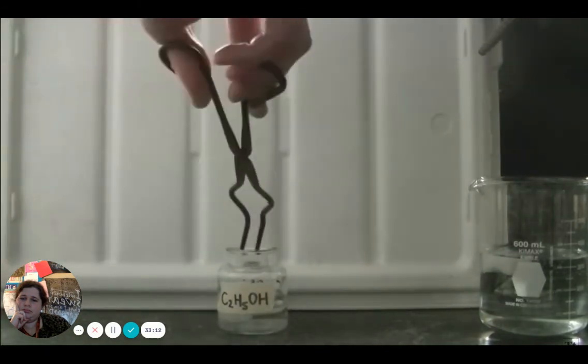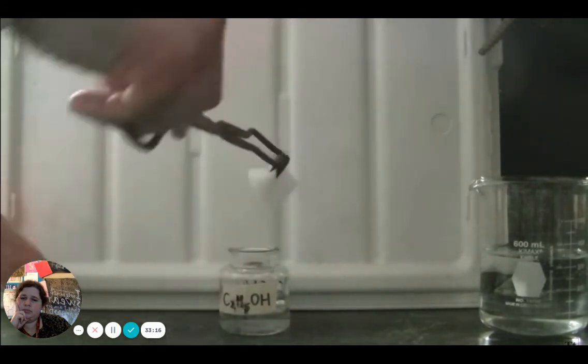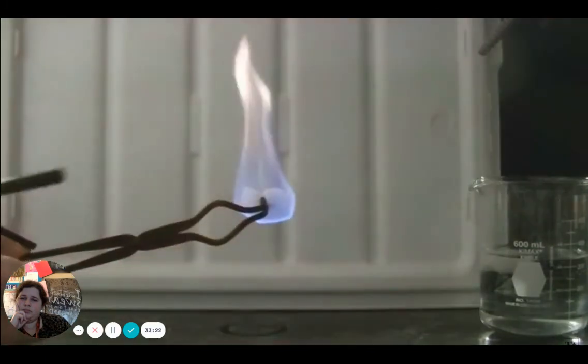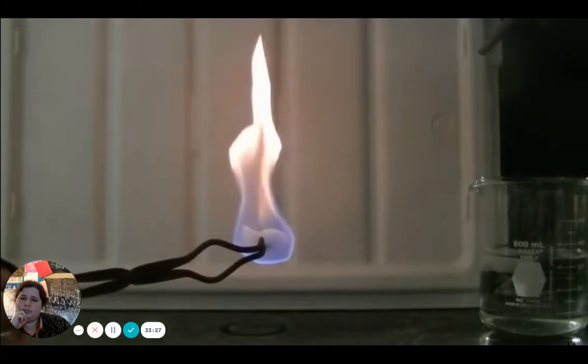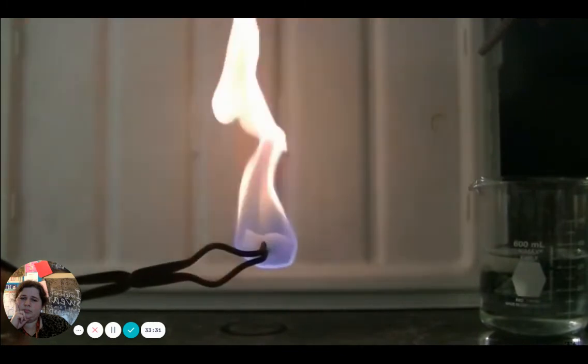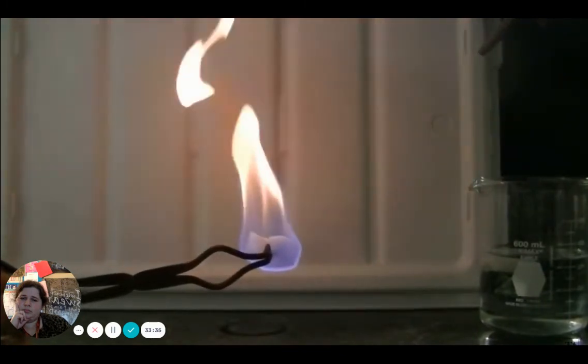Now we're going to test our second alcohol, ethanol. So we'll get this out, and we'll burn the ethanol. And in this case, we notice quite a bit more yellow-orange color. So we see that the ethanol is undergoing some incomplete combustion.